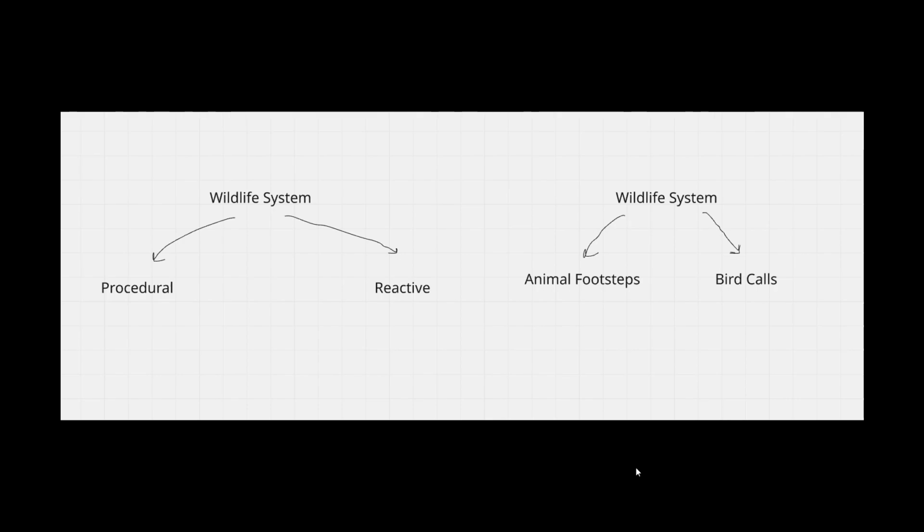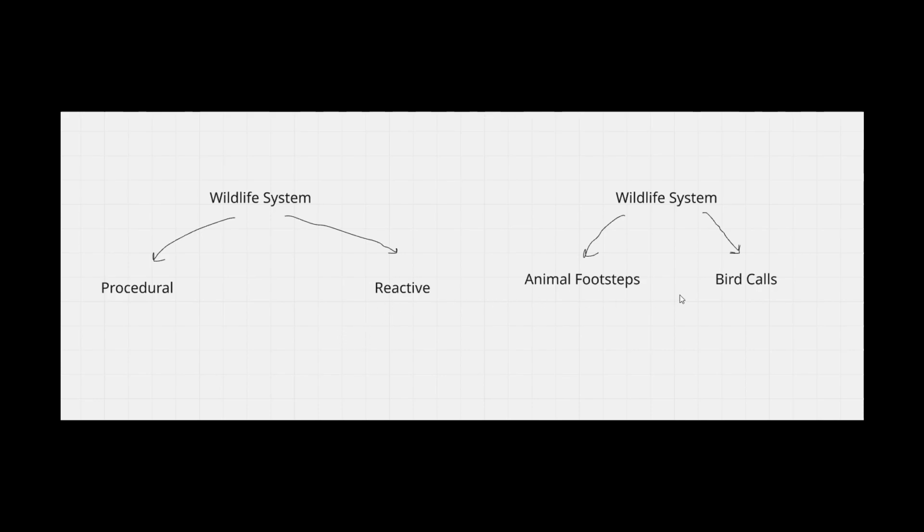So my basic plan was to add a twig to the level, and every time the player steps on the twig, the birds get scared and make more bird calls at higher intensity, and the animals walking around go quiet. So this wildlife system is basically a blend of procedural and reactive sounds.